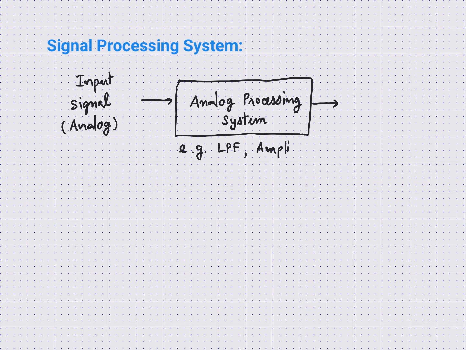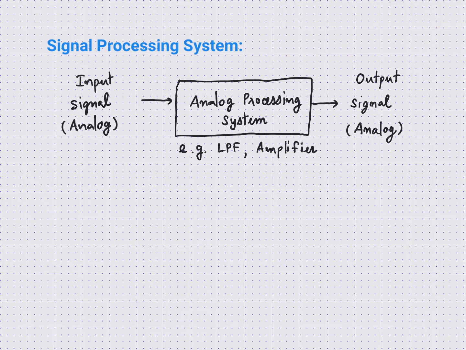The amplifier can be made in analog form, for example, using the op-amp. The output of the signal will be more desirable. For example, it can be larger, stronger, or have some of the unwanted frequencies removed. The output signal here is also analog. So this is a typical analog processing system.